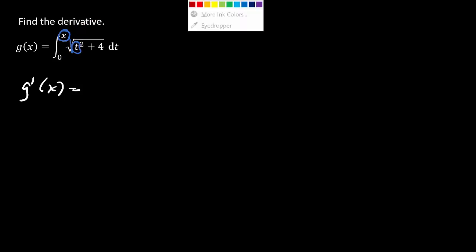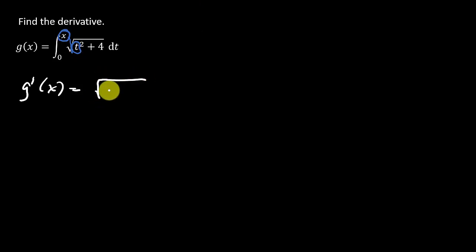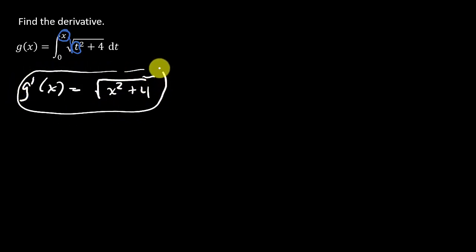Okay, so that's going to give us the square root of x squared plus 4. And there's your answer. Okay, don't worry, they get a little tougher.